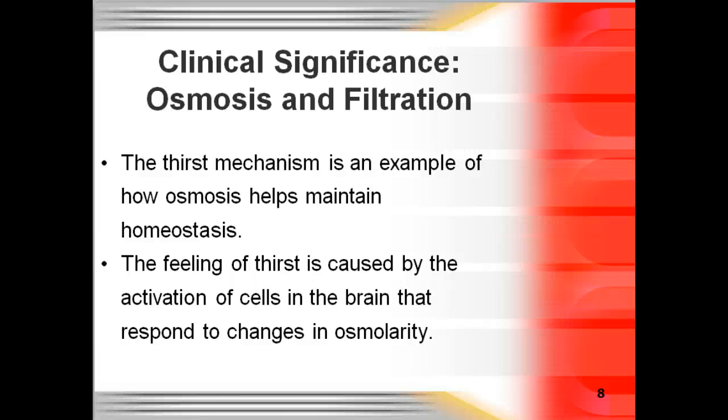Now, first of all, you have to remember we discussed diffusion, and I want you to equate diffusion with the movement of particles. You're going to say from a high concentration to a lower concentration, and they're trying to reach equilibrium. Well, osmosis is the movement of water only through a selectively permeable or semi-permeable membrane. For osmosis to occur, a membrane must separate two fluid spaces, and one space must have particles that cannot move through the membrane.